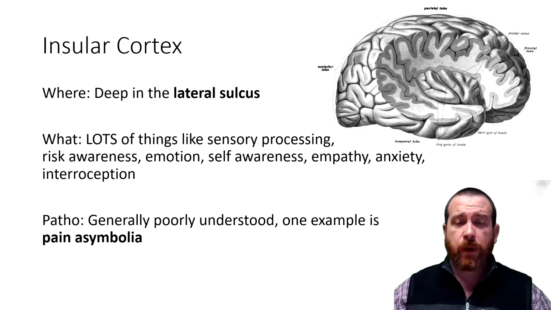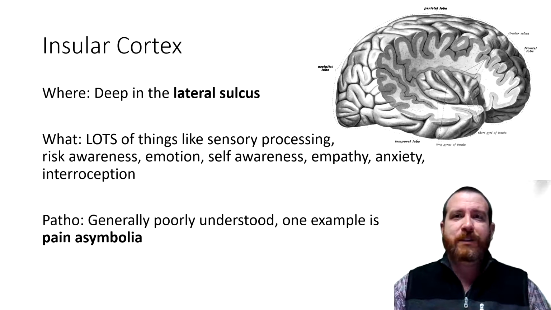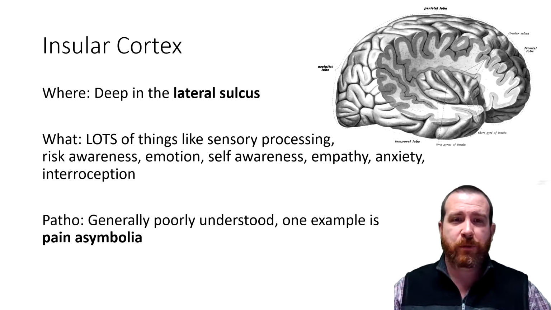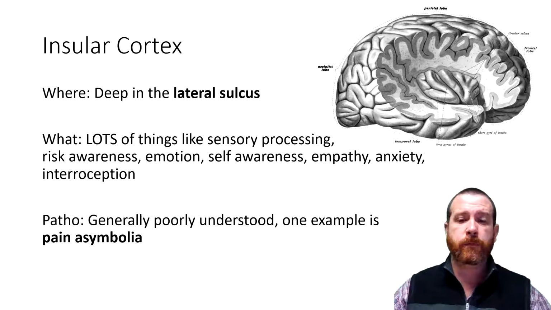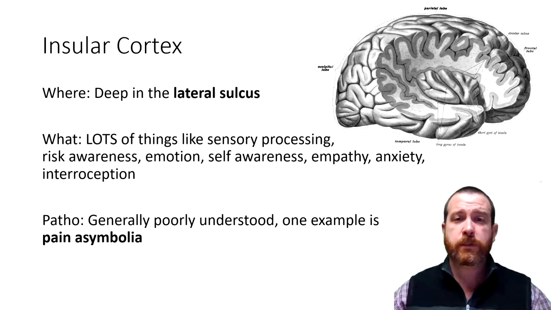What happens when we have a problem in the insular cortex? Well, because we don't really know how the insular cortex is working, our understanding of what happens when it breaks is also pretty poor. One example, though, is pain asymbolia. When we have pain asymbolia, right, A is in without, symbol as in like a representation of something, you can have a patient with an insular cortex lesion, so there's damage in that brain.